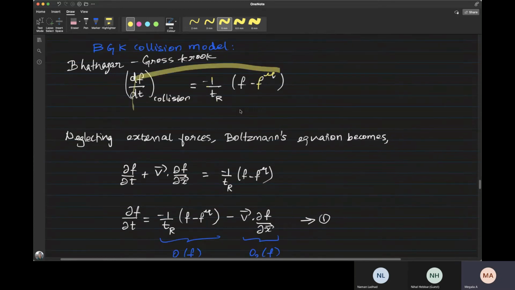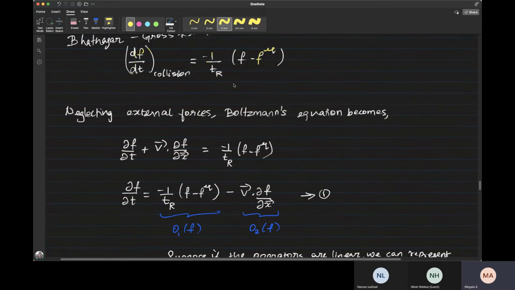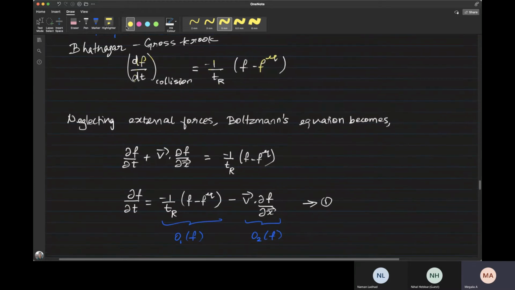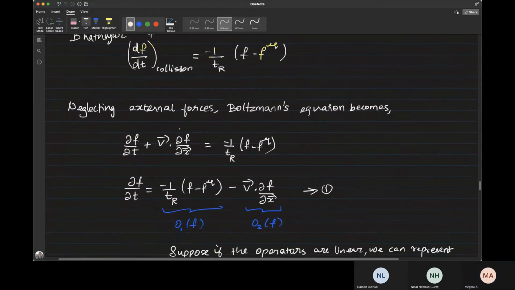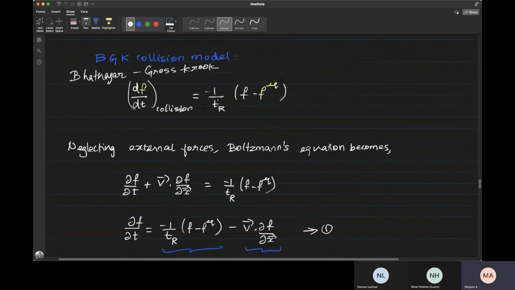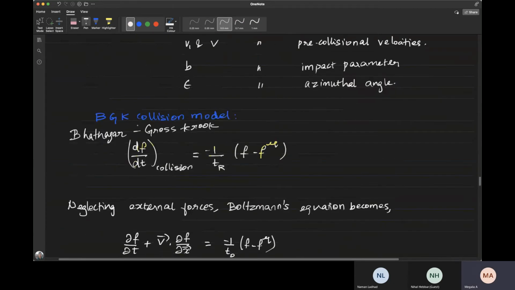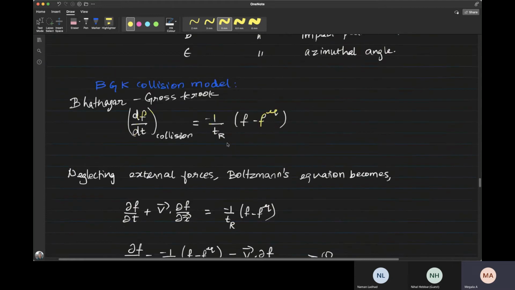So this is the collision operator given by them. After this was introduced, people followed this mostly. This is quite a common collision operator. So in Boltzmann's equation, instead of the original collision operator, we use the BGK collision operator.